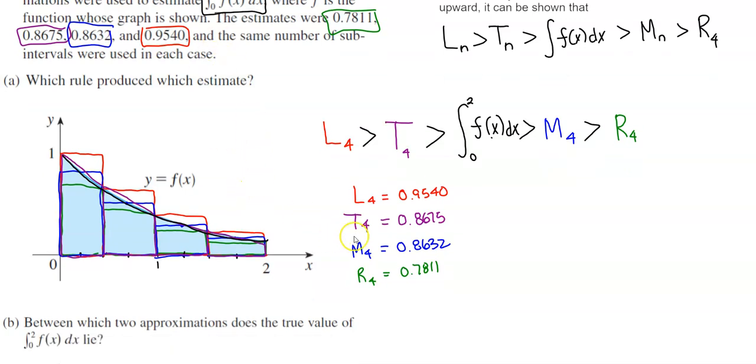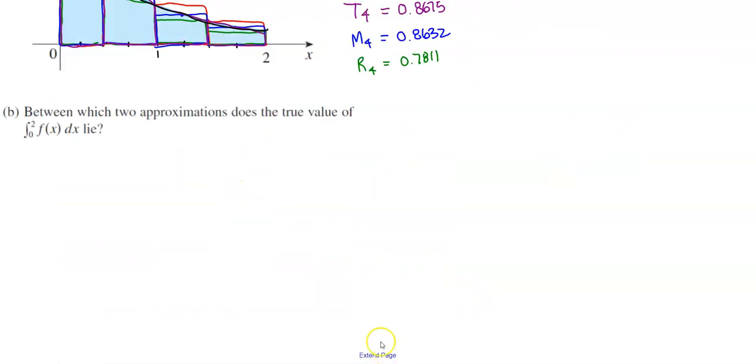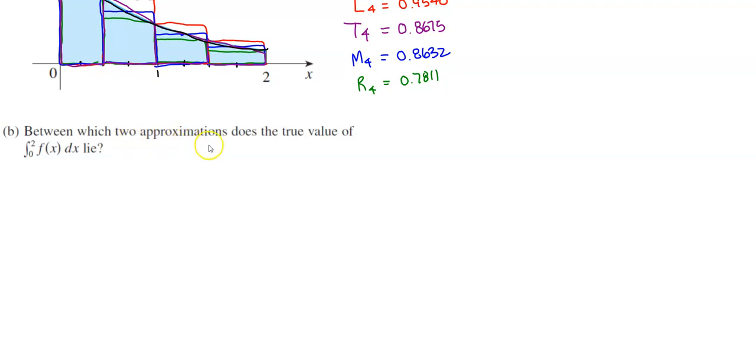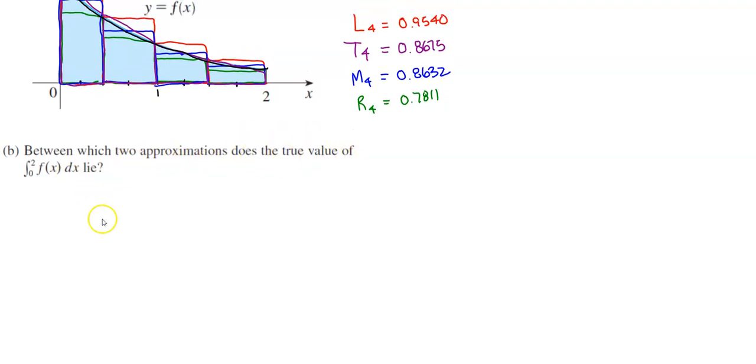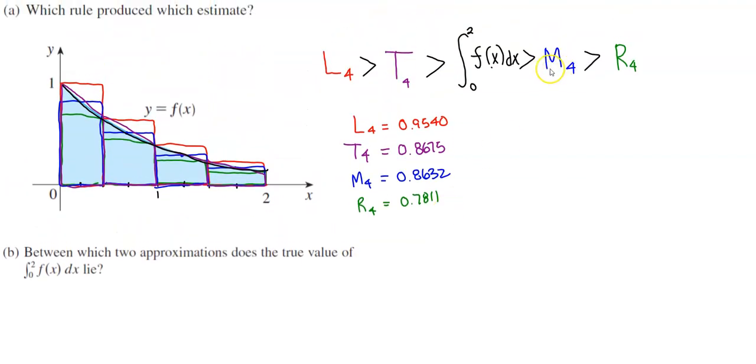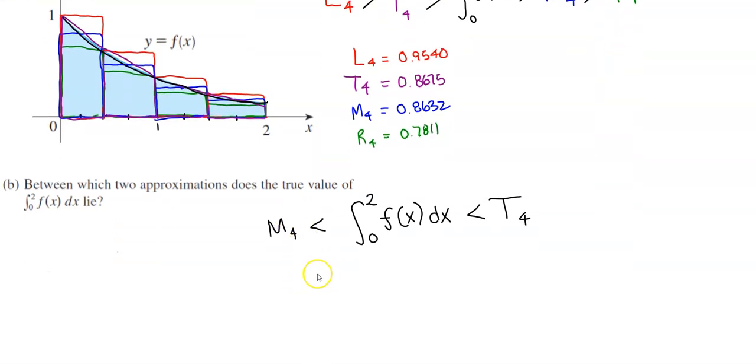So let's move on to part B. Part B says, between which two approximations does the true value of that function lie? Notice that the midpoint, M4, is going to be less than the function, which is then going to be less than the trapezoidal approximation. So what are the numbers?